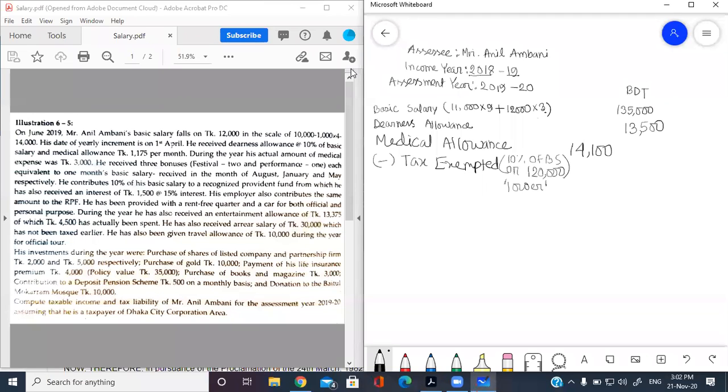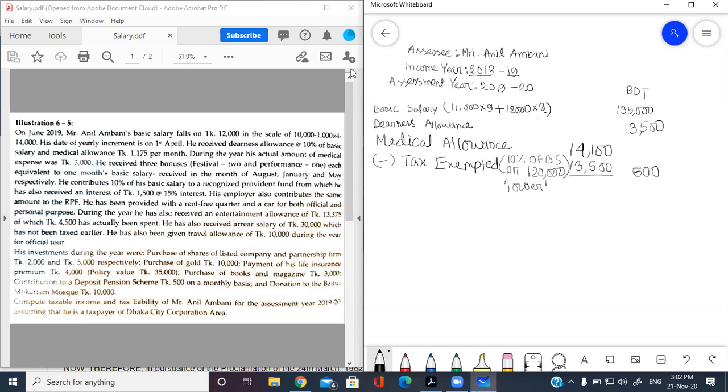We know it. And 120,000 is the absolute number. Between 13,500 and 120,000, we know very well that 13,500 will be the lower number. So how much will be taxable? 600.